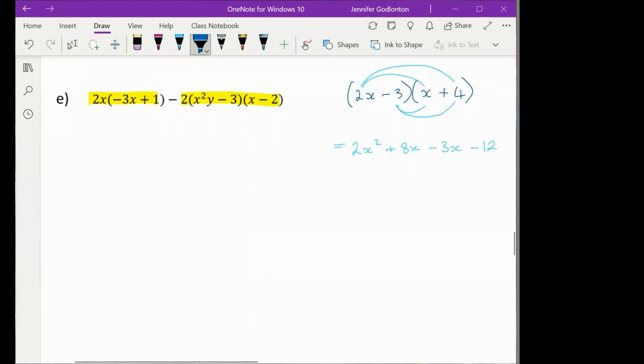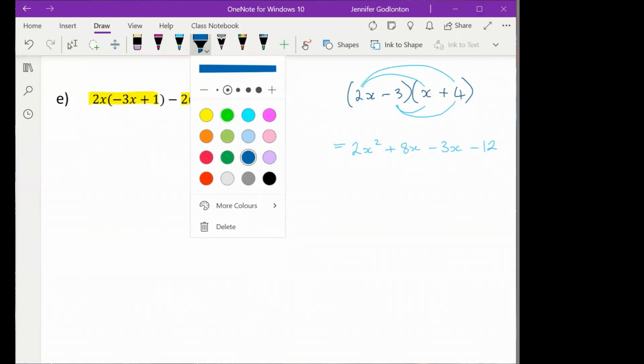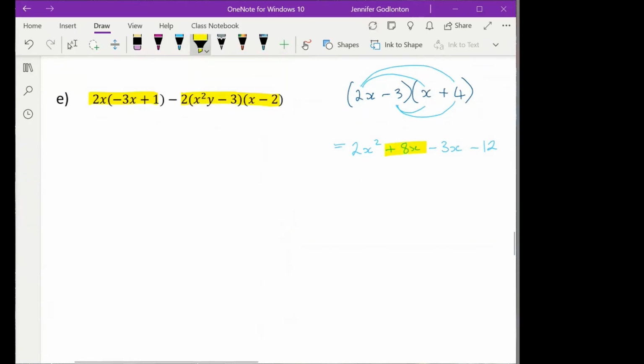Okay. Now I want to find my like terms, which is this 8x and the negative 3x. I'm going to add them together. So I've got 2x squared, 8 minus 3, which is 5x, and my negative 12.